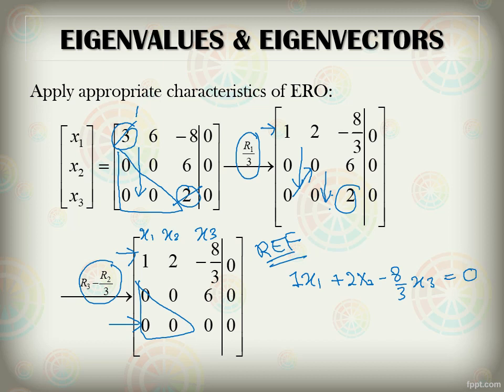From the second row, you have 0 for x1, 0 for x2, you only have 6x3 equal to 0, and from the third row everything is 0, so we're just dealing with two linear equations here: the first linear equation and the second linear equation.